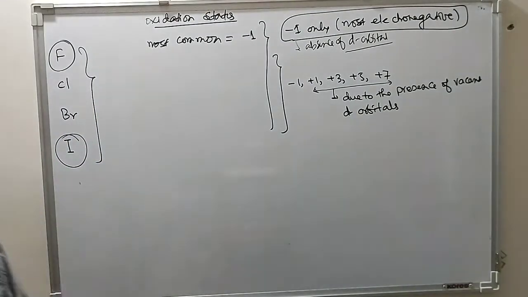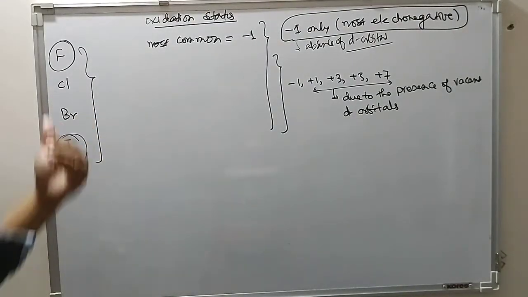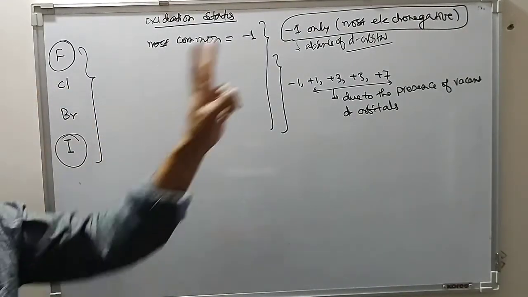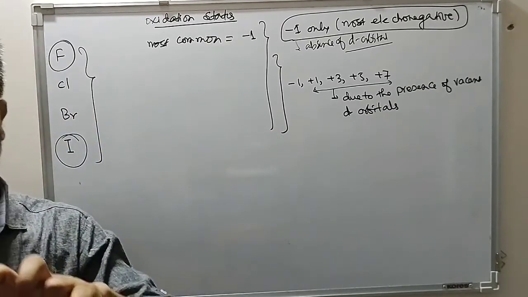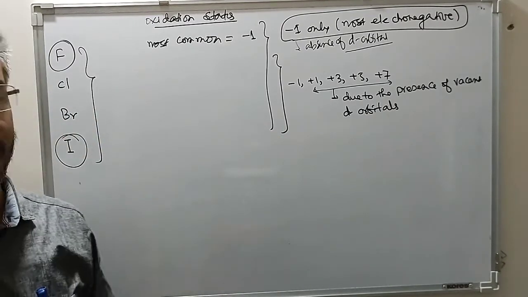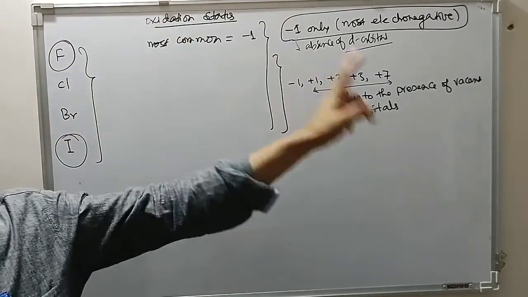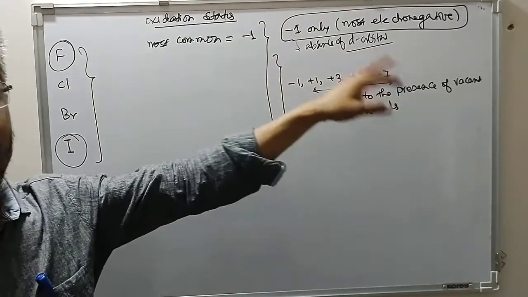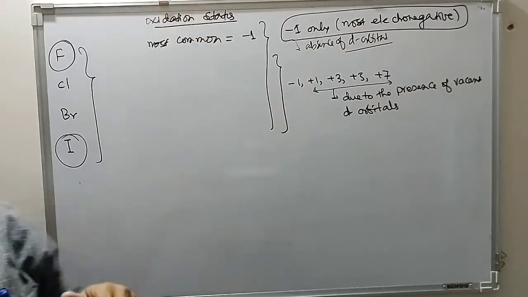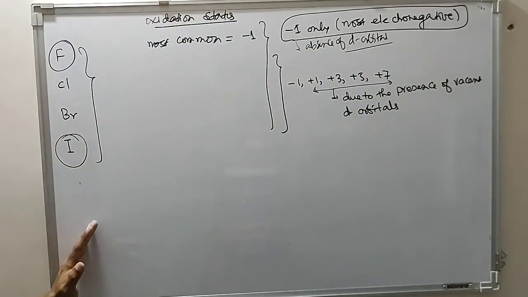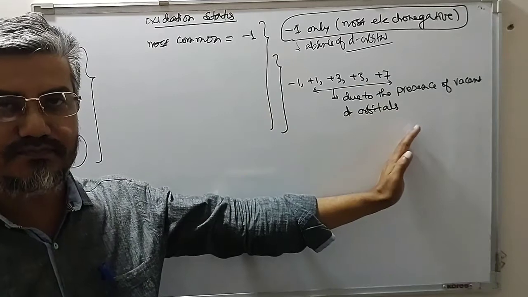So these are the oxidation states of these elements. The most common is -1 because by acquiring one electron, they acquire noble gas configuration. But fluorine shows only one oxidation state, that is -1, the reason being it is the most electronegative and doesn't have the d orbital. Chlorine, bromine, iodine show positive oxidation states.